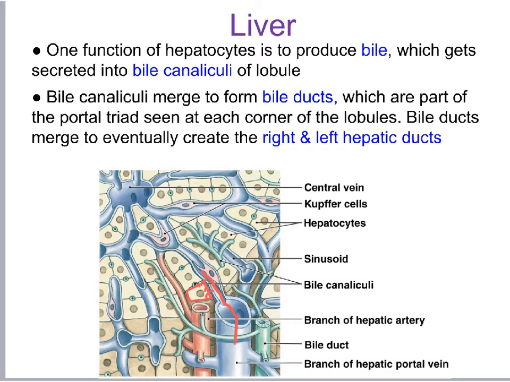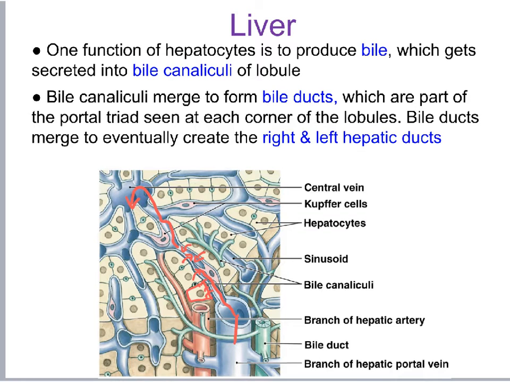Those hepatocytes will send some products back into that blood, absorb some products and keep some products out of the blood. So modified products are being sent back into the sinusoids, and that blood just continues on and makes its way down that central vein.